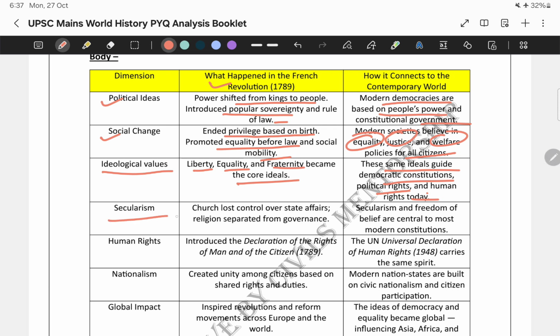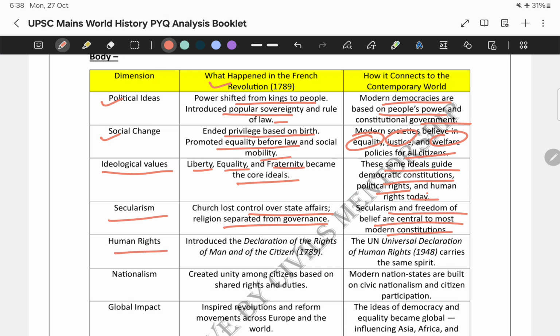Next is secularism. How can you connect it? The church lost control over state affairs, and religion was separated from governance. These were the things that happened during the French Revolution. How do you connect it with today's world? Secularism and freedom of belief are central to most modern constitutions.